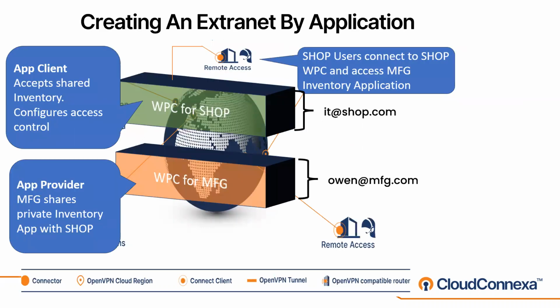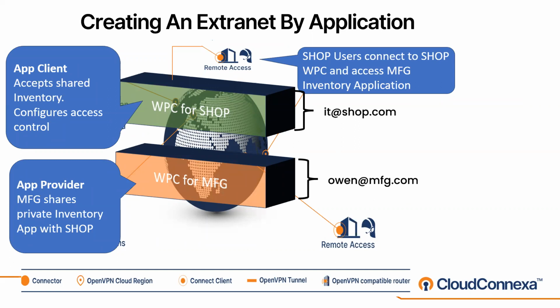Here's an example just illustrating the point. Here you see that there are two WPCs, each belonging to a separate owner. So here a manufacturer, Owen, is sharing his inventory application with a retailer of the manufactured goods, which is shop.com.